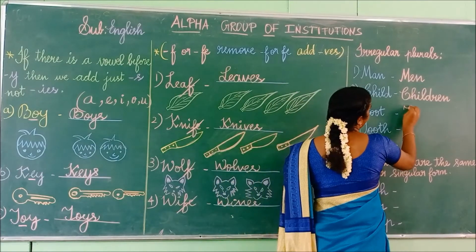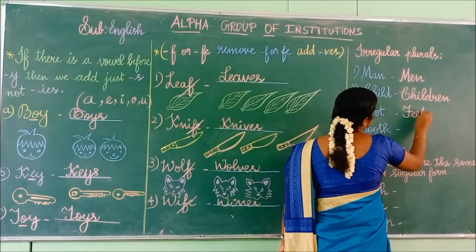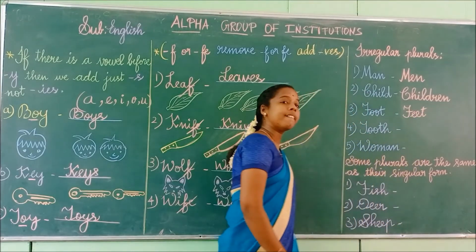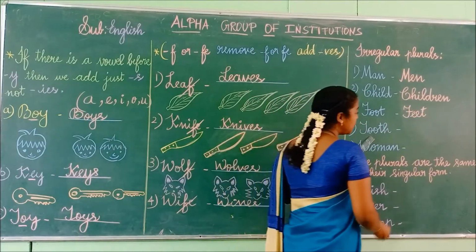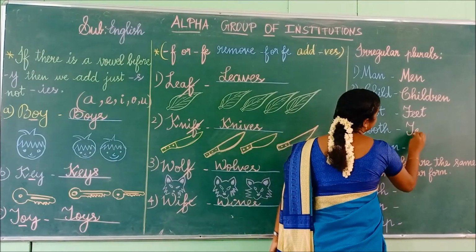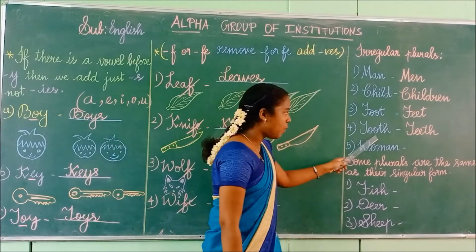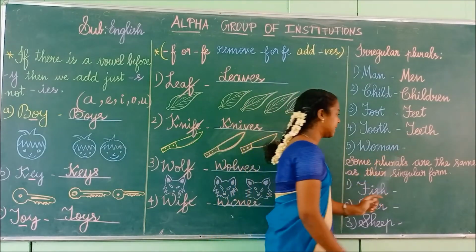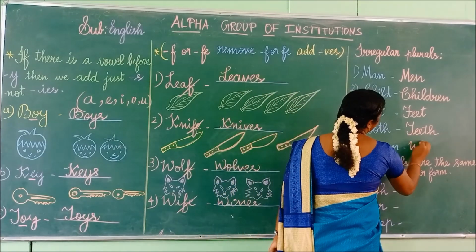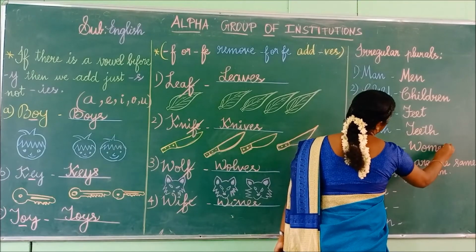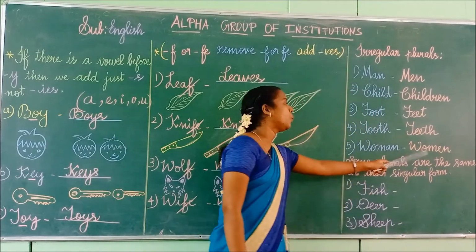Foot, feet. The plural form of foot is feet. Tooth, teeth. The plural form of tooth is teeth. Woman, women. The plural form of woman is women.